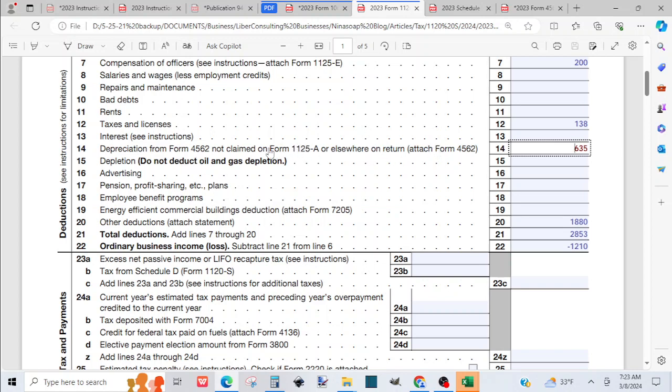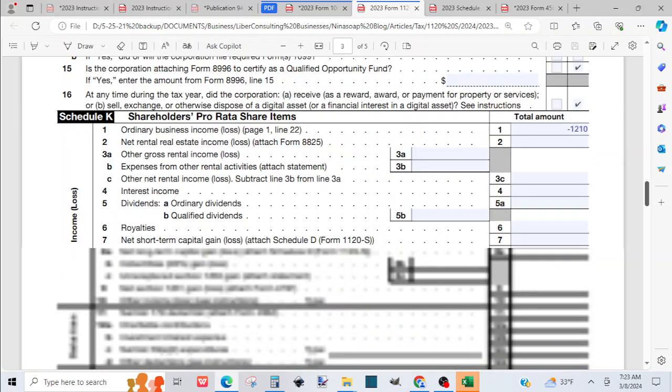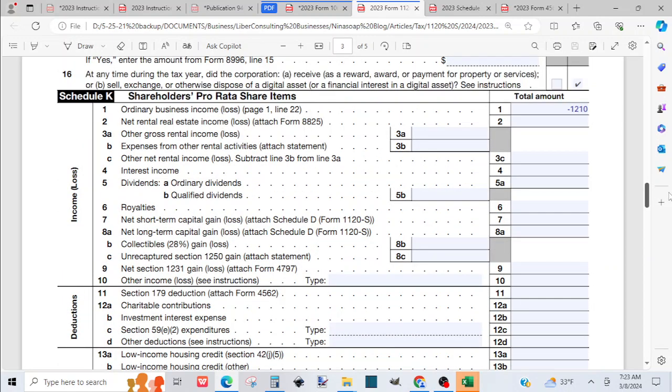And if you have Section 179 in that total, you need to take it out of that total. It will go on Schedule K, line 11.